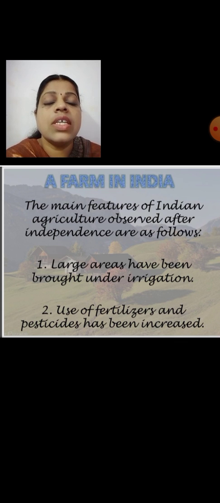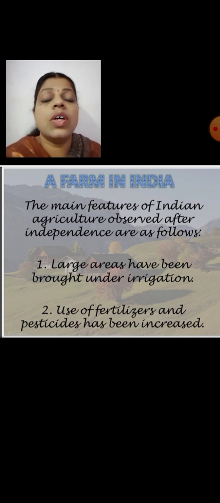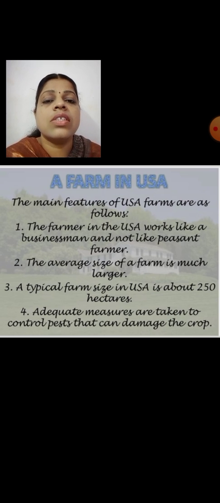Children, by discussing the various features of the farming system in our country, it enables us to know the advantages and the disadvantages of the agricultural system in our country. Next, we'll discuss the merits and the demerits of the system prevalent in America.